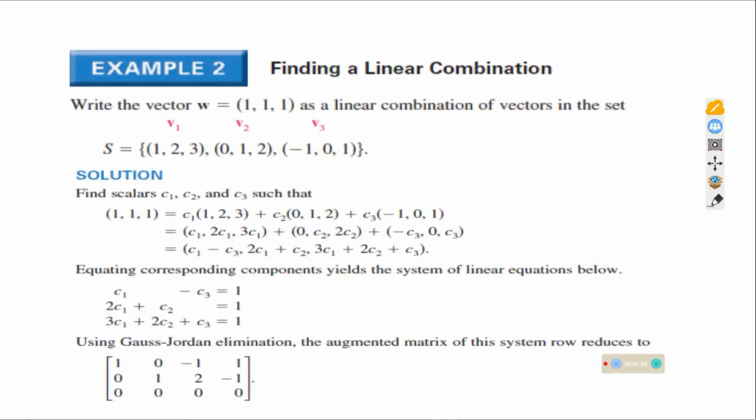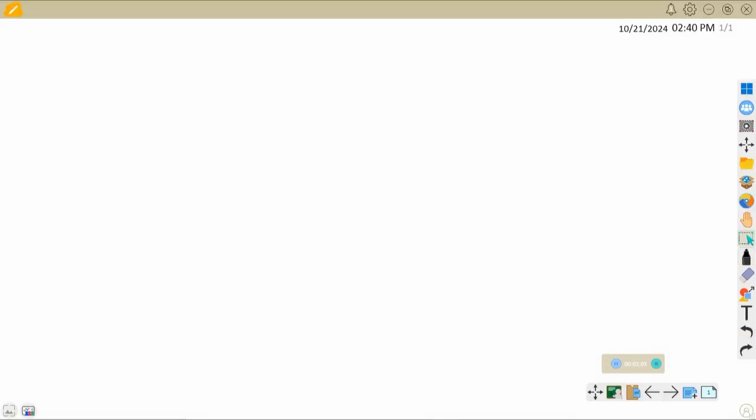So let us talk about this example here. The example says we need to write the vector W, which is given as 1, 1, 1, as a linear combination of the vectors in this given set. So how do we do that? We are given vector W, which is 1, 1, 1.